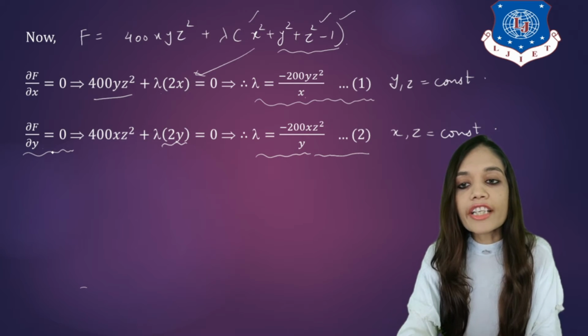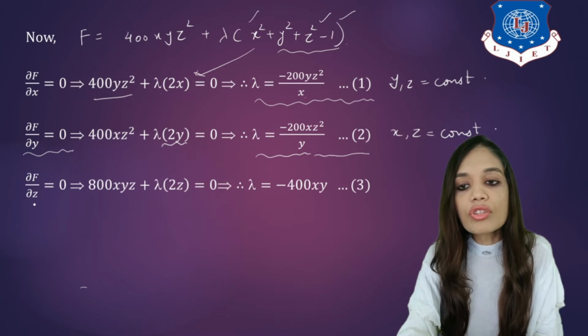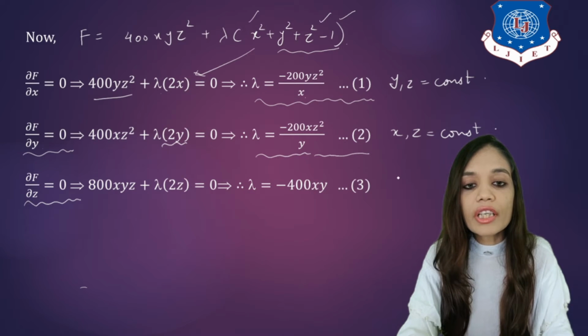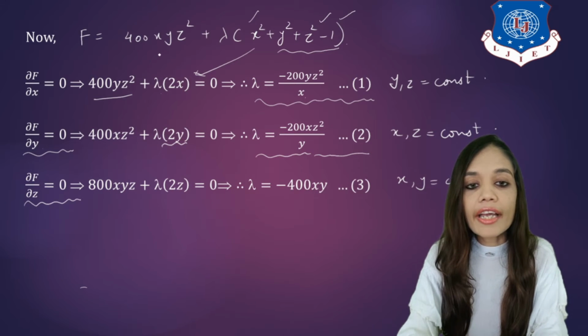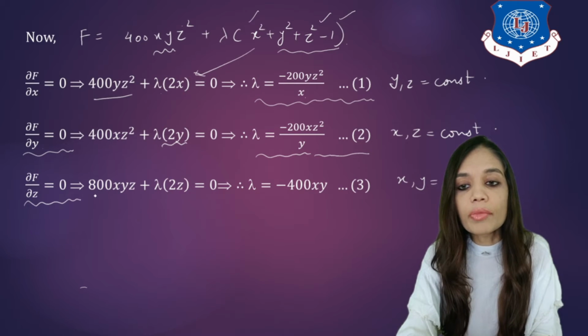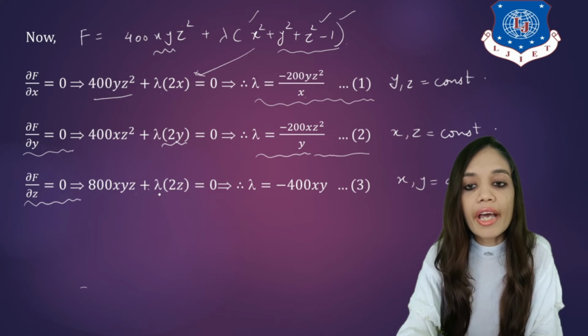Right? Now let us find the partial derivative of f with respect to z and equate it to 0. So we have to keep here x and y as constant. Done? So keeping x and y as constant, find the derivative of z square. It will be equal to 2z. So finally the answer will be 800xyz plus lambda times.